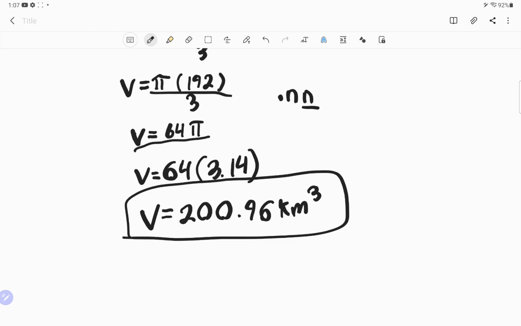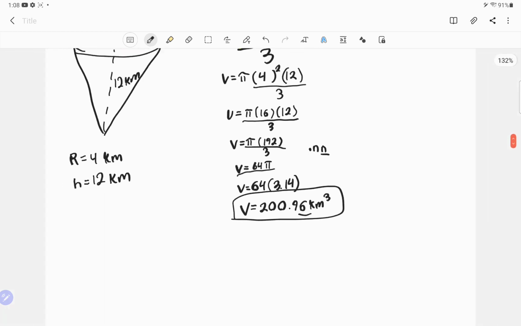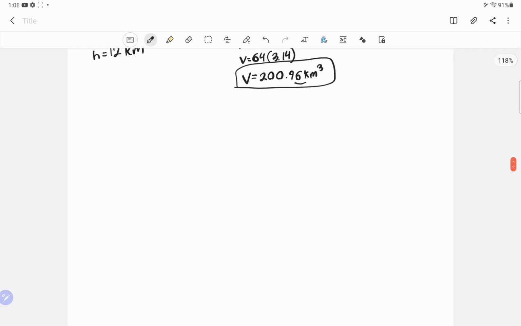But let me do it again. I'm not too sure if I did it correctly. Yes, okay. So that's the answer. They asked me to round to the nearest hundredth, so that's my rounding. And that's literally how you do number 4.